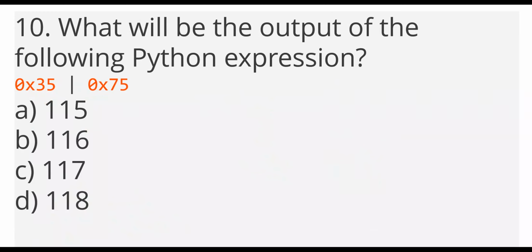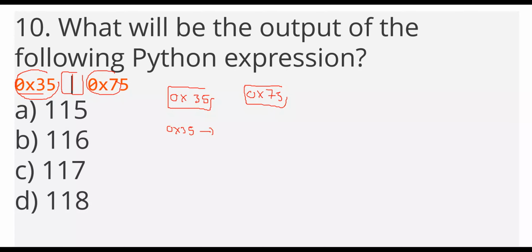What will be the output of the following Python expression? Here 0x35 is a hexadecimal representation, and 0x75 is also a hexadecimal representation. Between these numbers, you want to perform a bitwise OR. If you want to perform bitwise OR between two hexadecimal numbers, then you have to convert them into binary numbers. The binary representation of 0x35 is 110101.